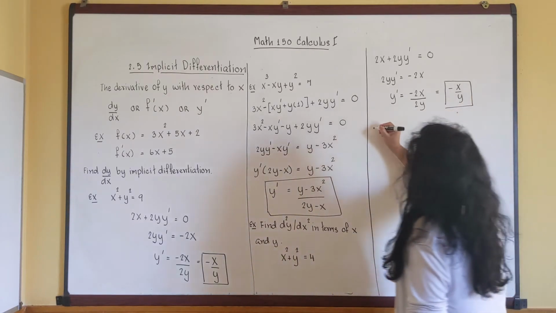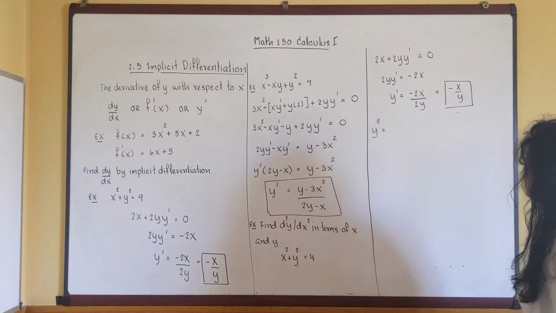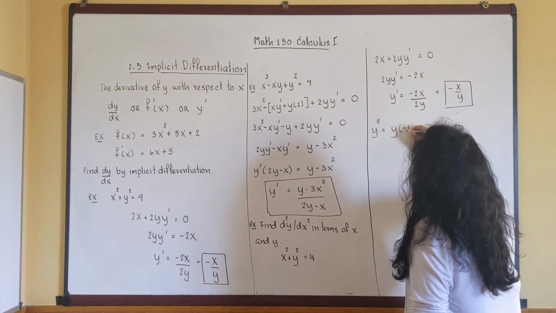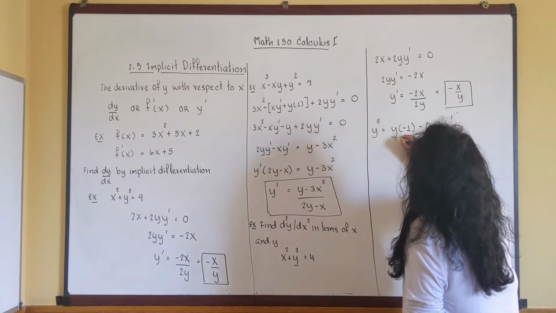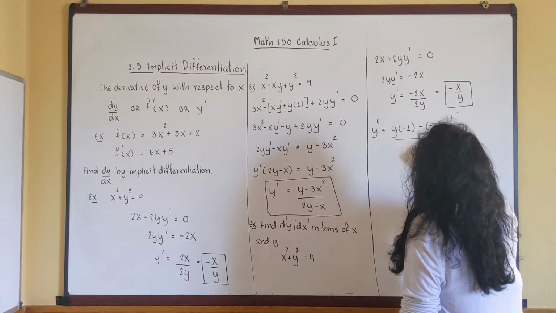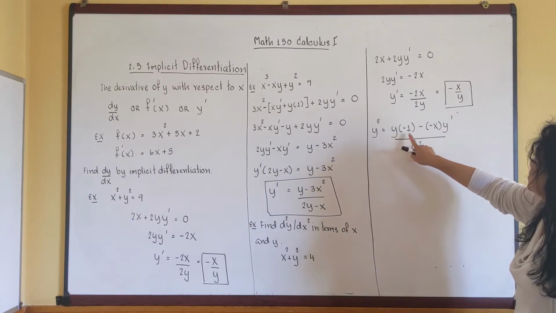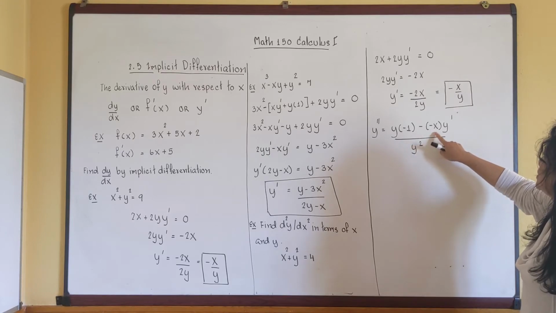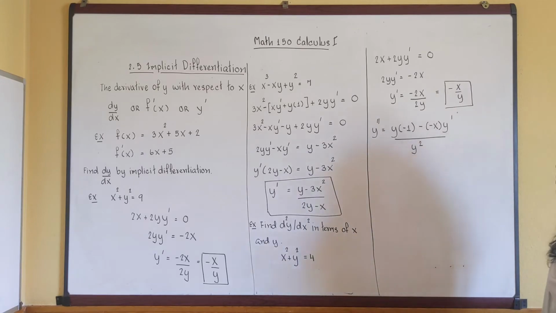For the second derivative, I'm going to use the quotient rule: denominator times the derivative of the numerator, minus the numerator times the derivative of the denominator, divided by the denominator squared.